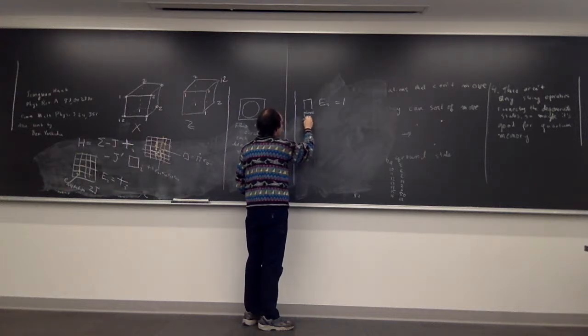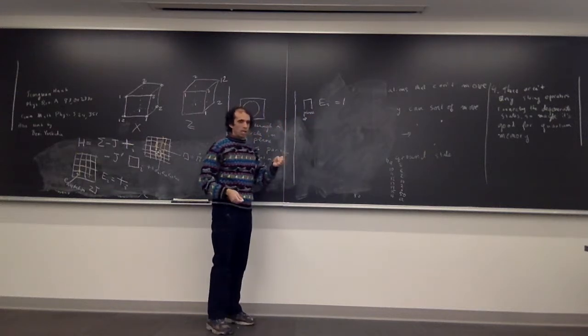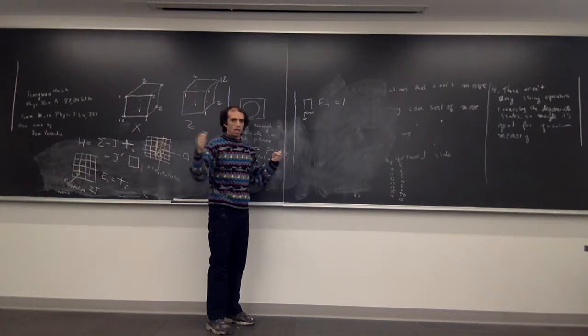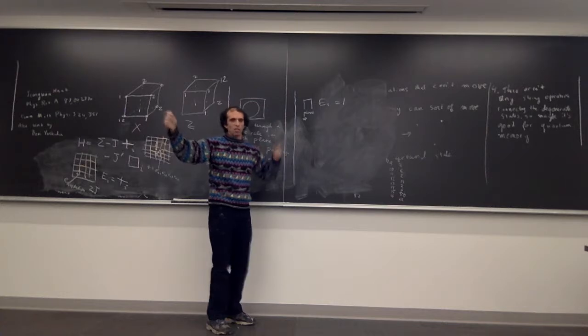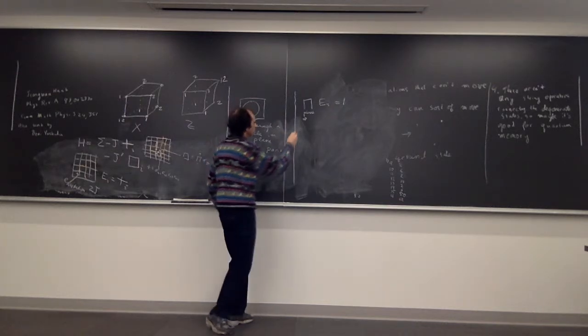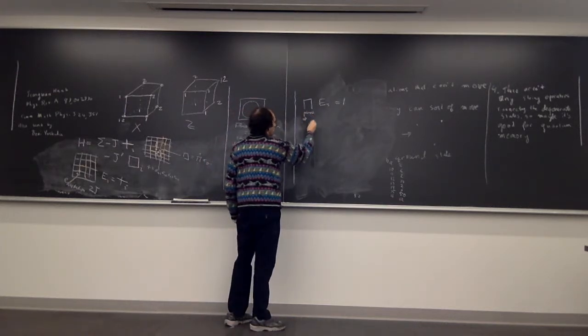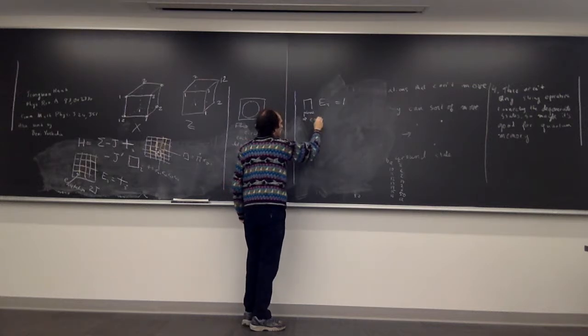So that implies that if an excitation can move at all in a local way, there's no way it would force some other excitation far away to have to move at the same time.